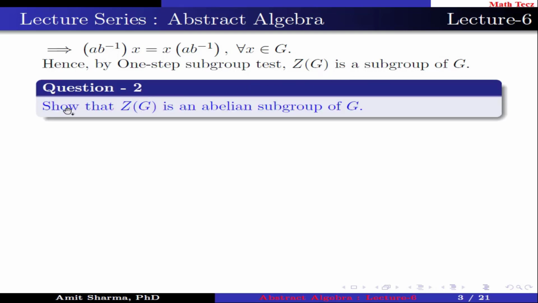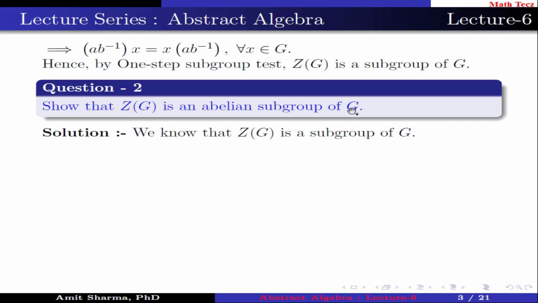Question number 2. Show that the center of G is an abelian subgroup of G. We know that the center of G is a subgroup of G. For more detail, see question number 1.